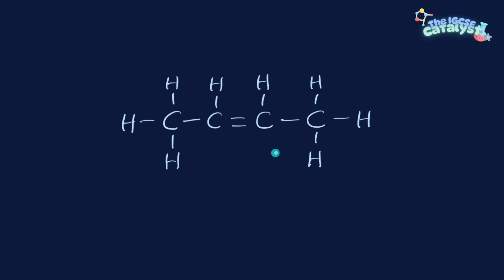Putting all the parts together, we will have the parent chain first, butene, and leave a space here. For the space, we will write the carbon number that the double bond is attached to. And that will be number 2, since the double bond is on carbon number 2 when numbered left to right or right to left.